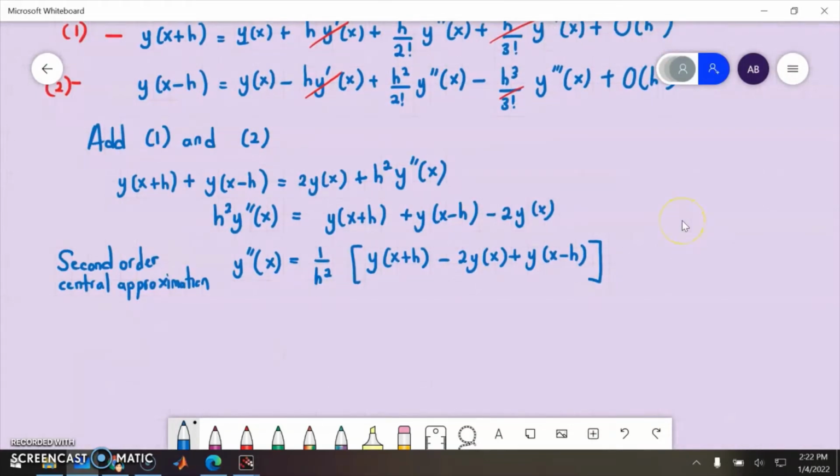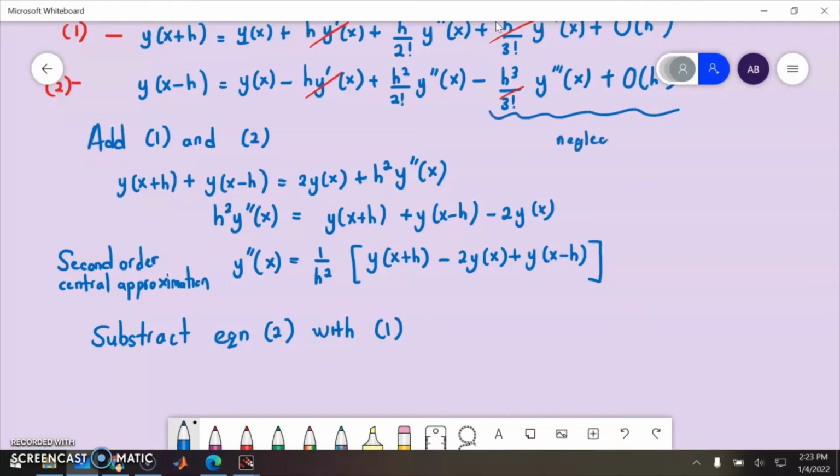If I subtract equation 1 from equation 2, you don't have to consider the order 3 term. We neglect this term and just consider subtracting the rest.